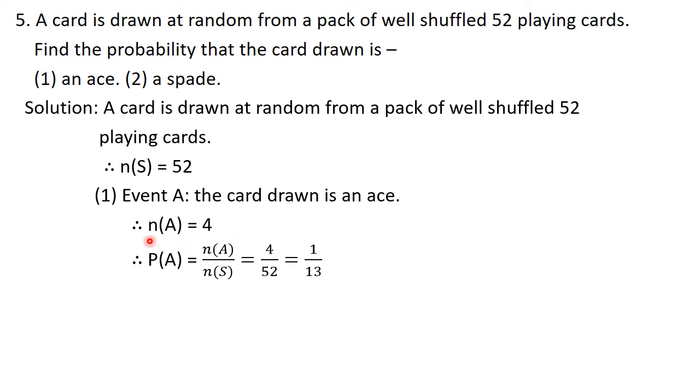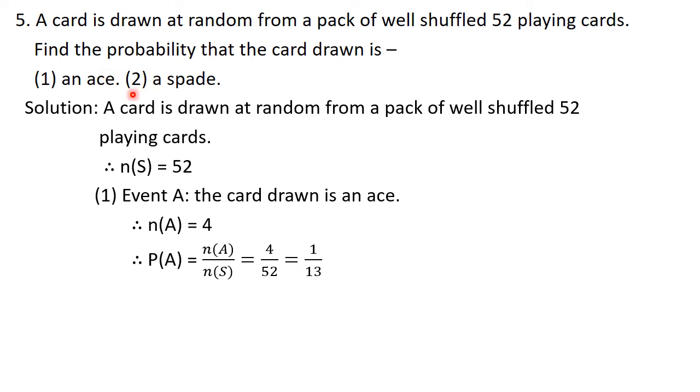So we have four aces, one of each type. So four aces are there, so we can write n of A as 4. And from that P of A we can write as n of A upon n of S, that is 4 upon 52, which we can reduce to 1 upon 13. Okay, so this is the probability that the card drawn is an ace.